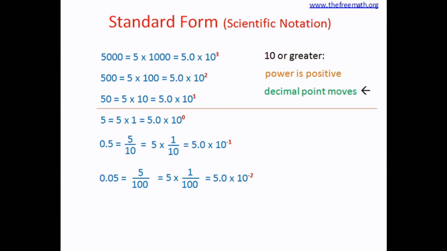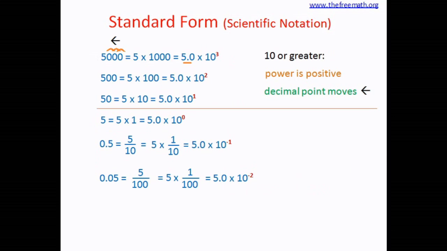If you look at 5000, the decimal point was after all the three zeros, which moved to the left, and that's how it is after 5, and that's how you got 5.0 as the first part. So whenever you have any number which is 10 or greater, the power is always positive and the decimal point always moves to the left.